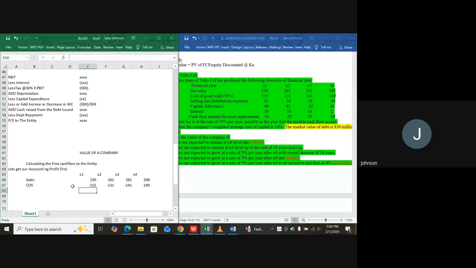So let's now see. We have done the cost of sales, right? Now the next thing we need to do, naturally, is get our gross profit. So we can say gross profit, so that you understand it's actually an accounting profit we're working on. So we now say equal to this plus this.